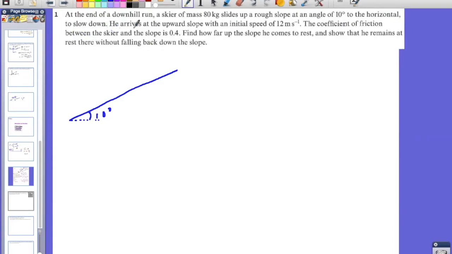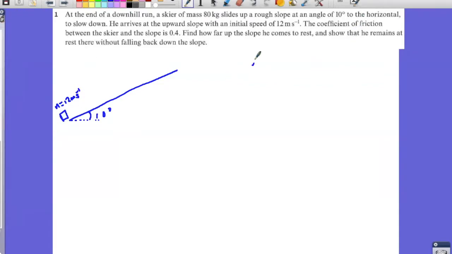Slowing down, he arrives at the upward slope with an initial speed u of 12 meters per second.